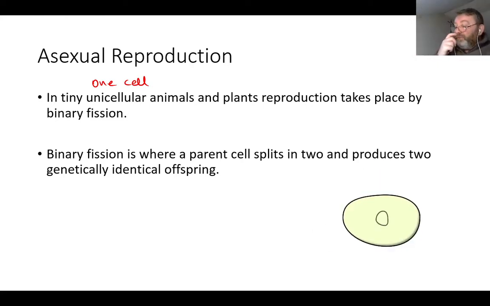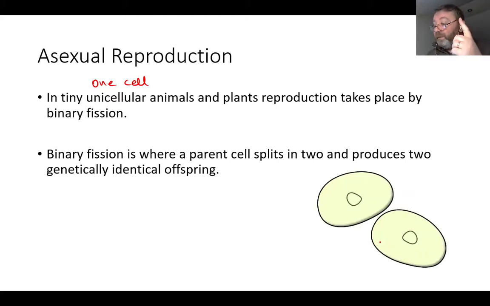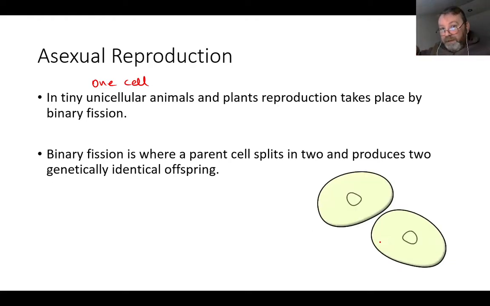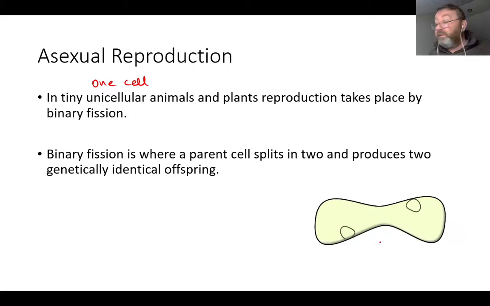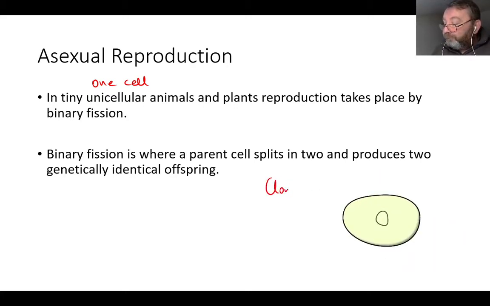So one unicellular animal doubles its DNA, replicates all its DNA, splits it down the middle, and then pushes each part out into a brand new cell which is genetically identical to the original parent cell. So both of these are clones.